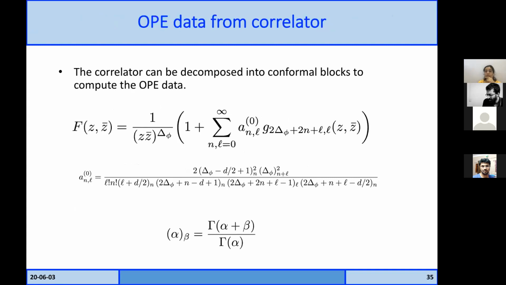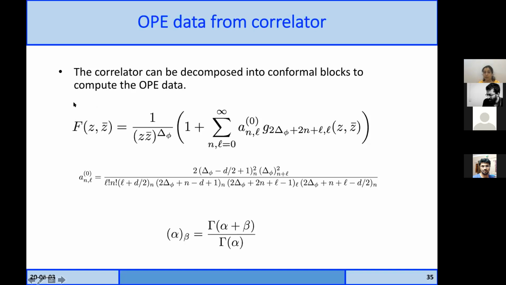Now, what about the OPE data? The dispersion relation computes the correlator directly, and if you want to compute the OPE data, you have to decompose it in conformal blocks. So this is the correlator, and this is how you decompose. This one is the contribution coming from the identity, and these are the other operators.